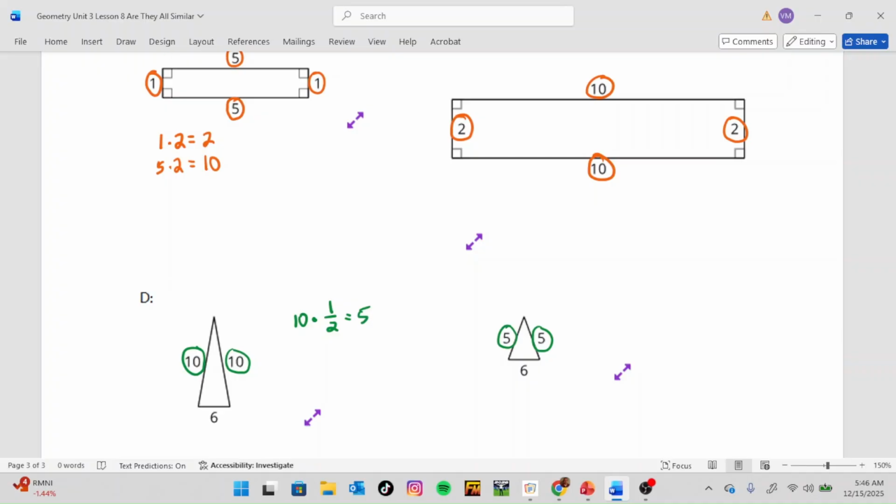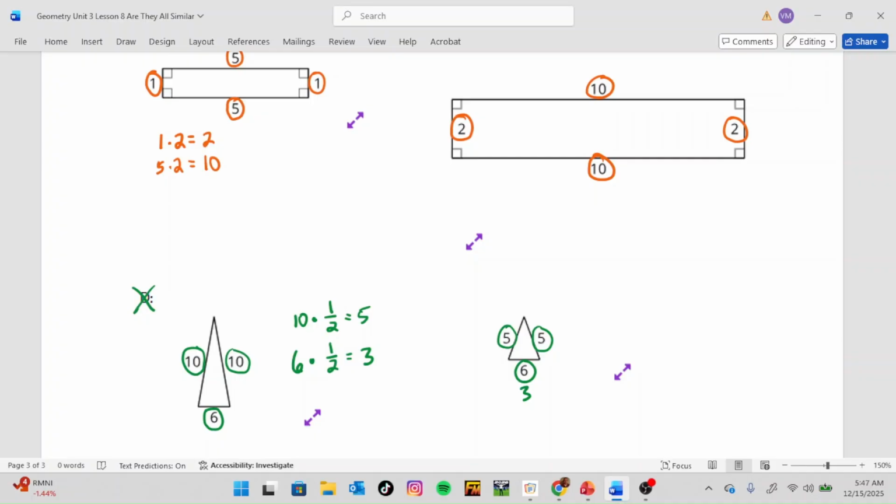Well, then on the bottom, I have these side lengths of 6. And if I multiply 6 by that scaling factor of 1/2, I get 3, not 6. Since the side lengths are not proportional, these are not similar triangles.